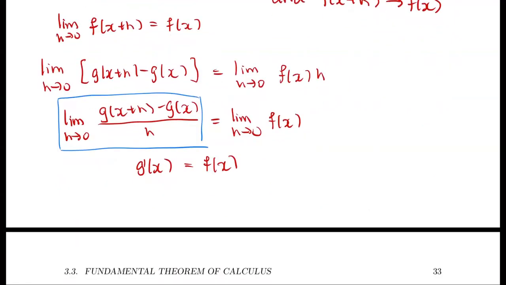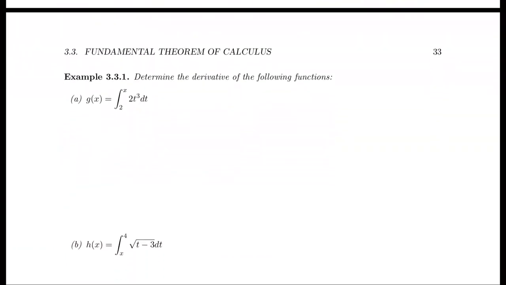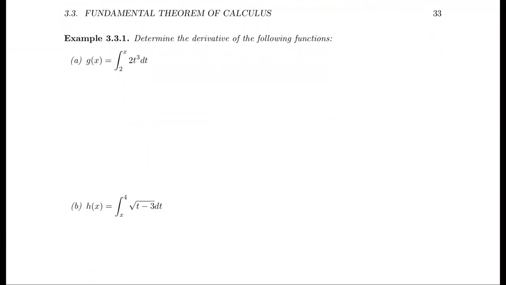So let's have a look at some examples now. Let's say we want to determine the derivative of the following functions. Well, for the first one, let's say we have the integral from 2 to x of 2t cubed dt. Well, G prime of x would simply be d over dx times the integral from 2 to x of 2t cubed dt.